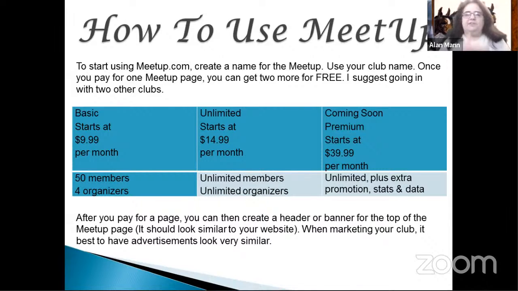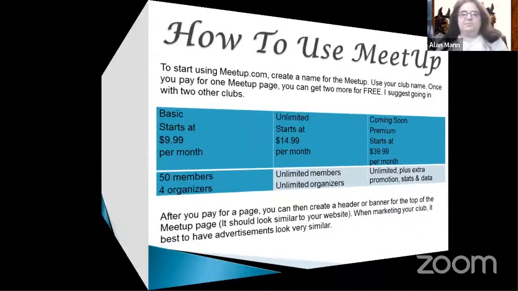So you want to have the same header that's on your website, on your meetup, on flyers, on your Facebook, on Twitter, and that way when someone sees one page and then they go to another page, they'll be like, oh, I've seen that before. The same club, the same organization, because it's got the same header, and that's a win-win for everybody, especially your club.